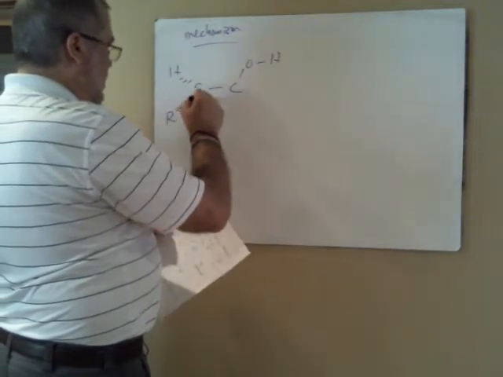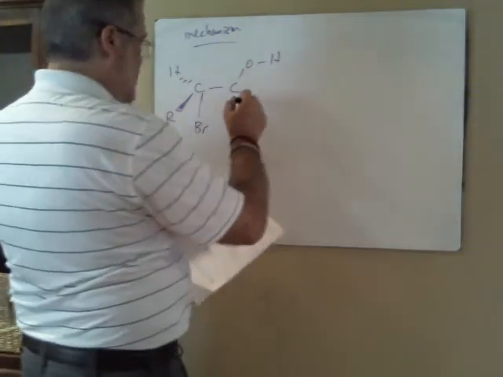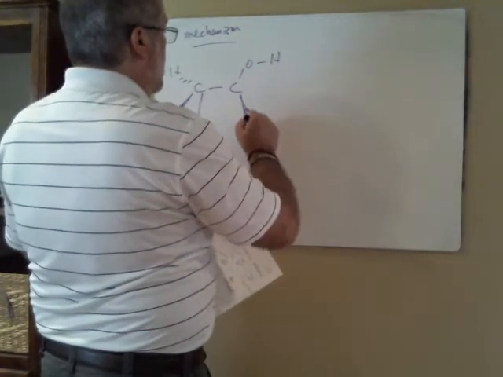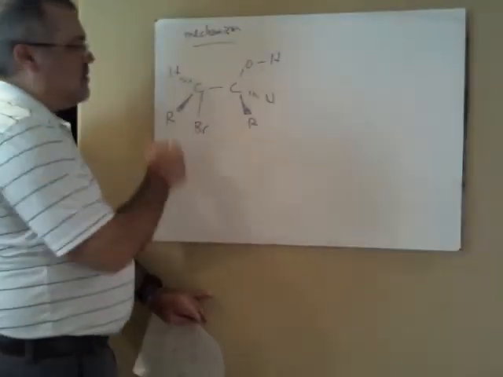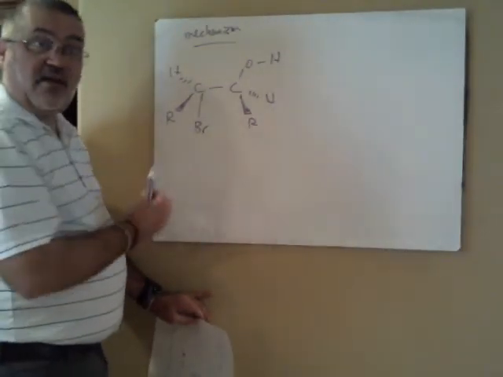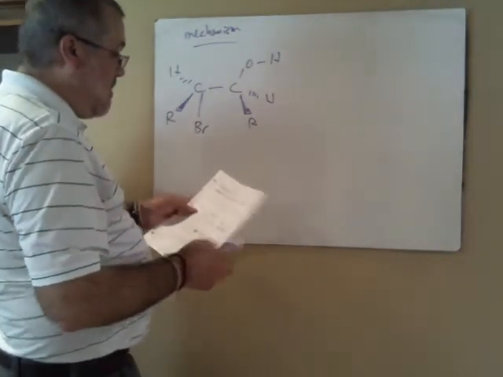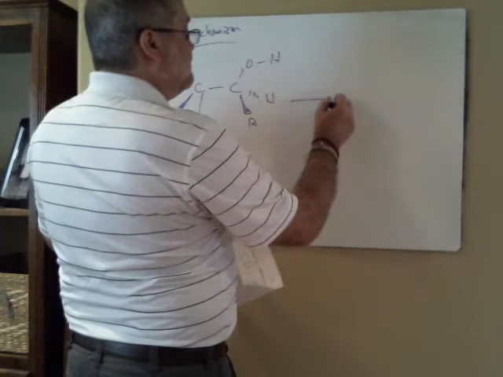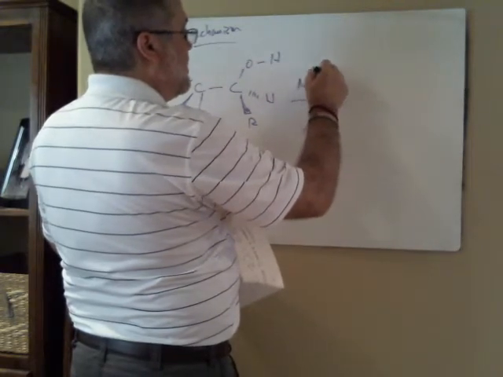We'll also have an R group here. These two R groups could either be connected together to form a ring or just be an acyclic halohydrin. It doesn't matter. Then we're going to treat that with our base, sodium hydroxide.